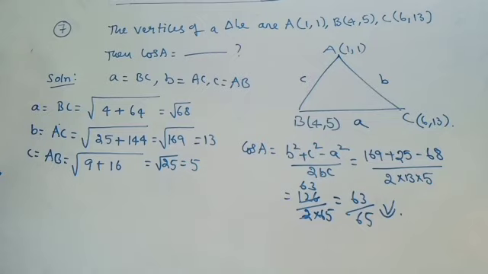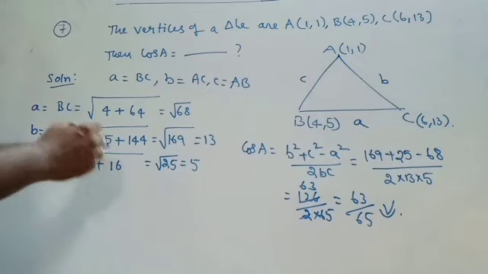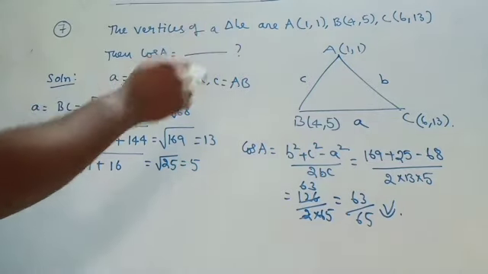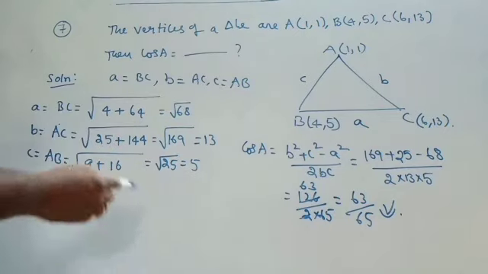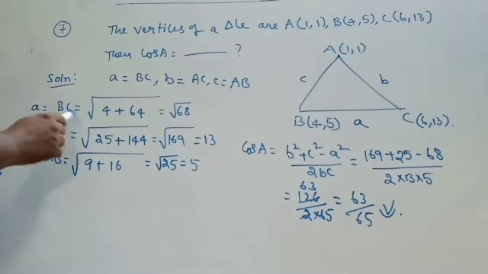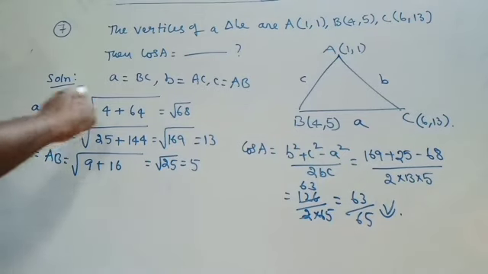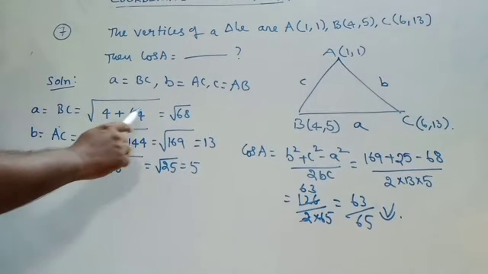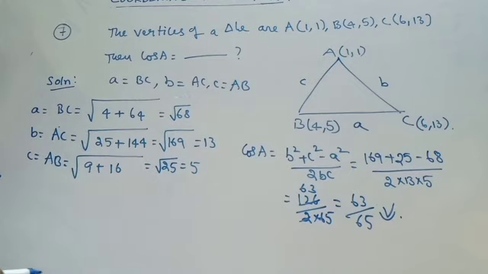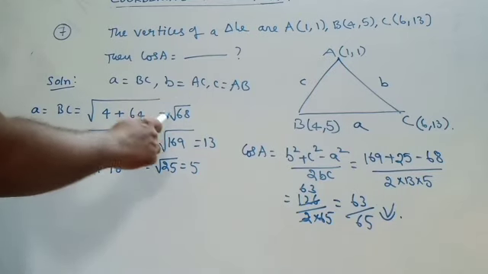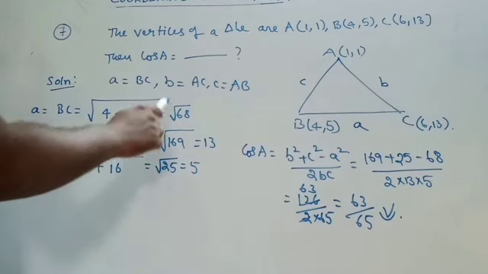Right. Now let us find the lengths of the sides of the triangle. Small a equals BC. Now you know the B vertex and the C vertex. Using the distance formula, the length of BC is root 68.